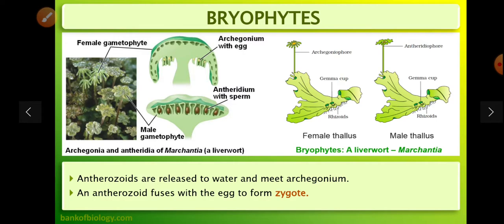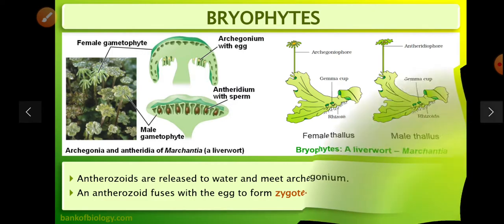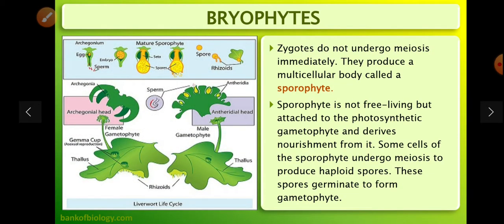Antherozoids are released into water and meet the archegonium. Means antherozoids are released into the water and they meet with an archegonium in the water only for reproduction. Antherozoid fuses with the egg to form a zygote. Zygote does not undergo meiosis immediately.